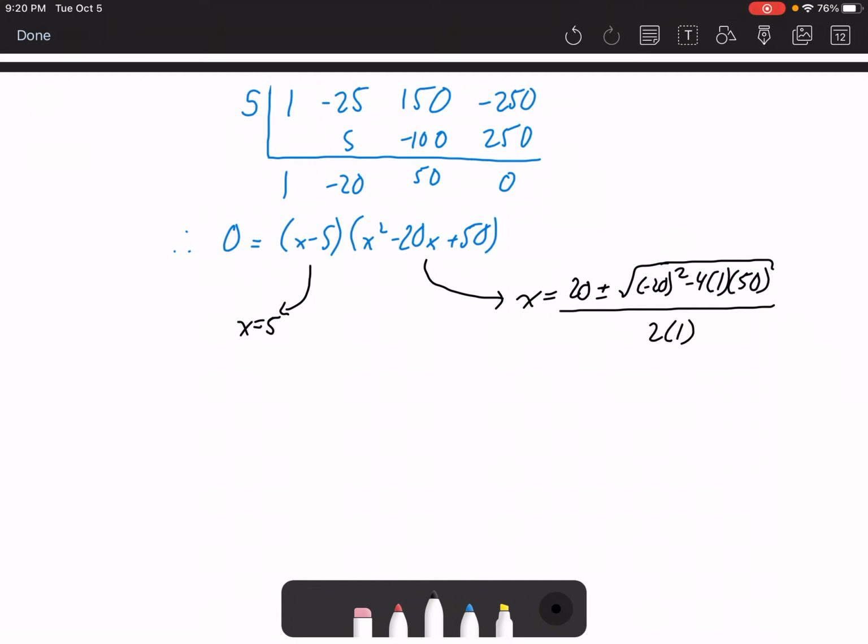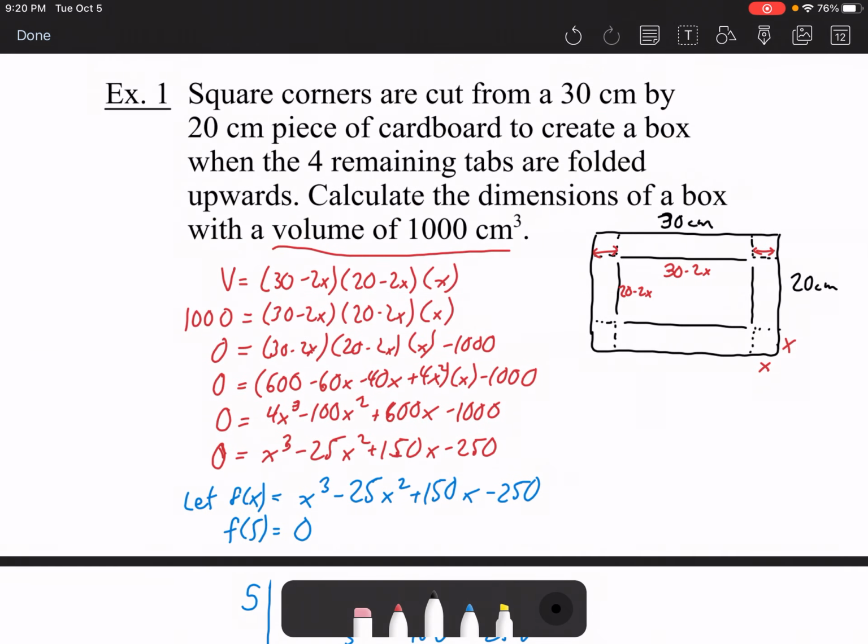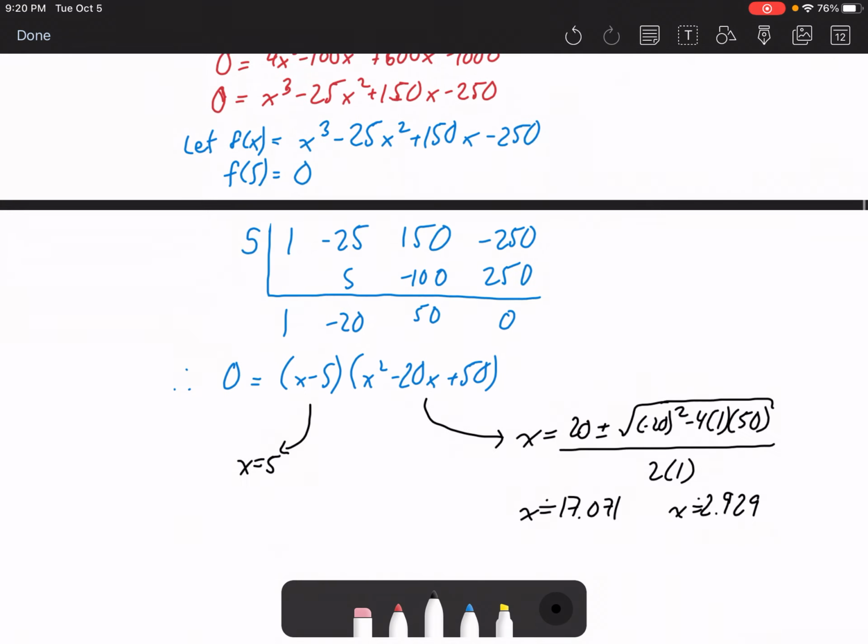Okay, so here I get two values, approximately 17.071 and another possible value of approximately 2.929. Well, remember that our original question had lengths of 30 minus 2x and 20 minus 2x and a height of x.